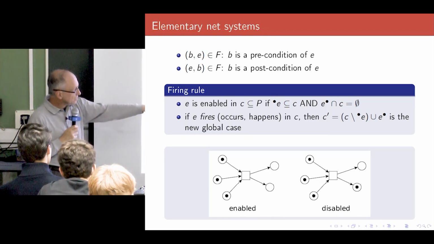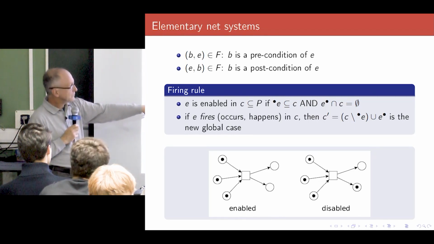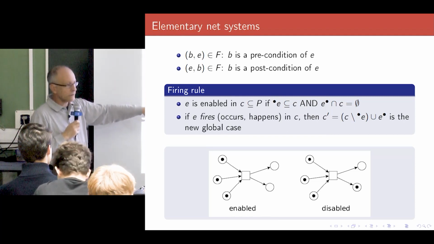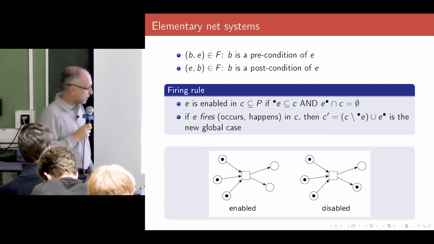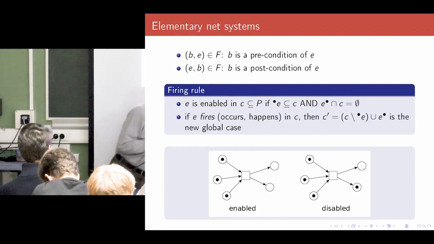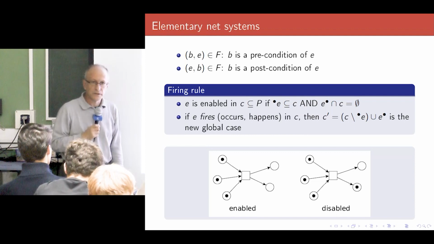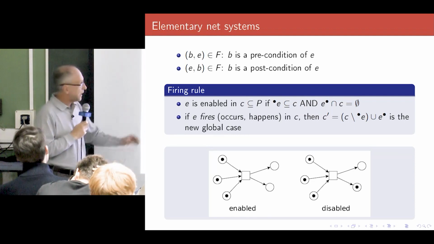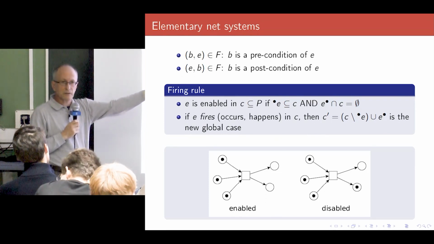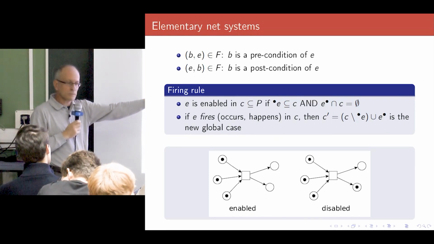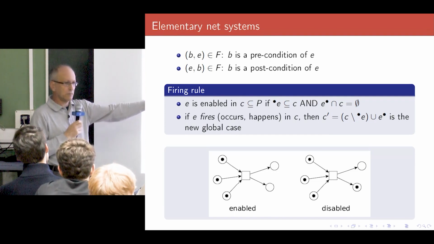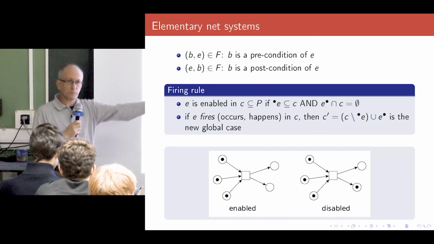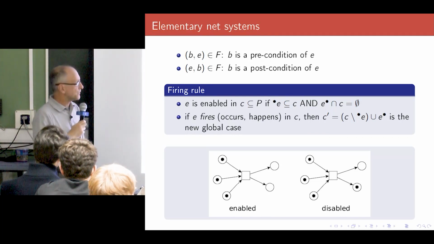So now, for instance, the transition that you see on the left is enabled, might occur, because all the preconditions, which are the places with an arrow going to the transition, are marked, so I consider them as true, and the effects are now false. So the transition might occur, and if it occurs, then the preconditions will become false, the postconditions will become true.